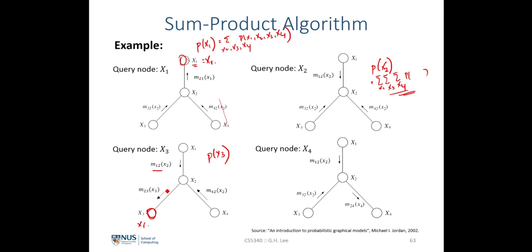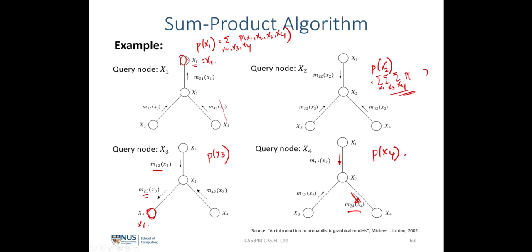And then finally, we compute this message M23 over here. And similarly, if we are interested in the marginal probability of x4, we will compute the messages from x3 to x2 and x1 to x2. And then finally, we'll consolidate all these messages and pass them into x4 over here, which is the message M24.